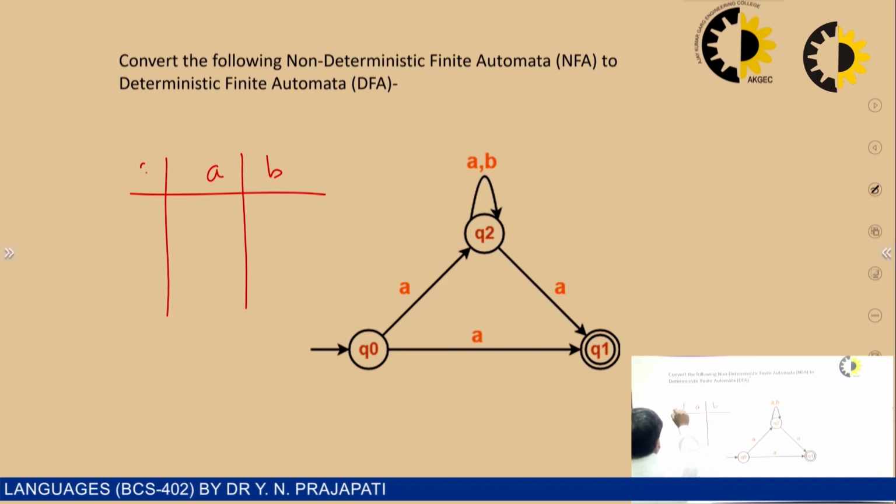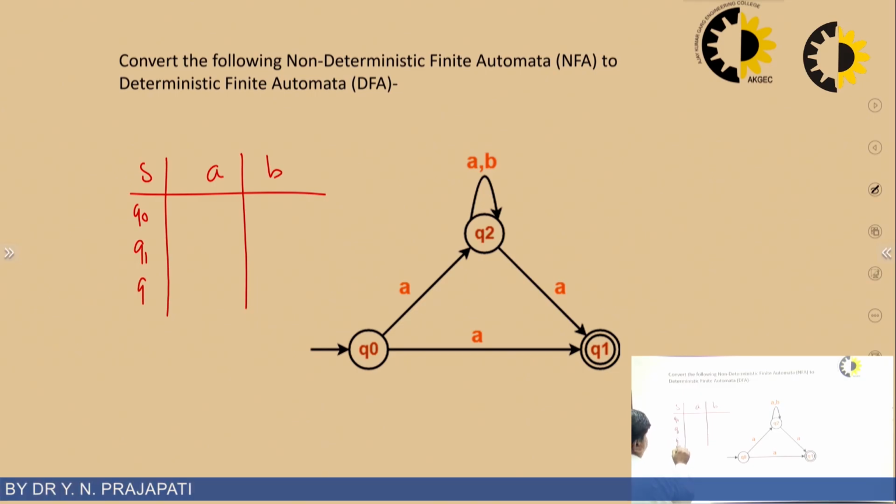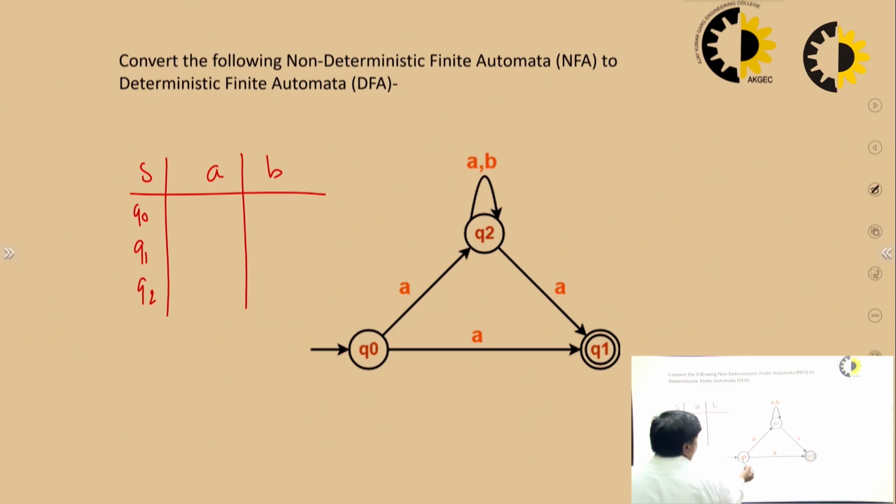Here is A, here is B. Now here are Q0, Q1 and Q2. Now on Q0, A, we move to Q2 and Q1, and on B, no transition, so here is null, phi. Q1, A, no transition, phi. Q1, B, no transition, phi.